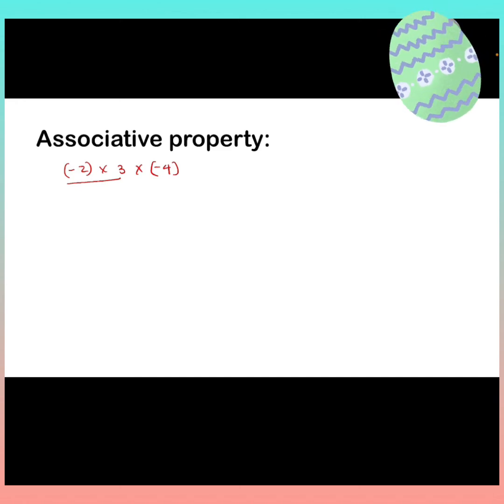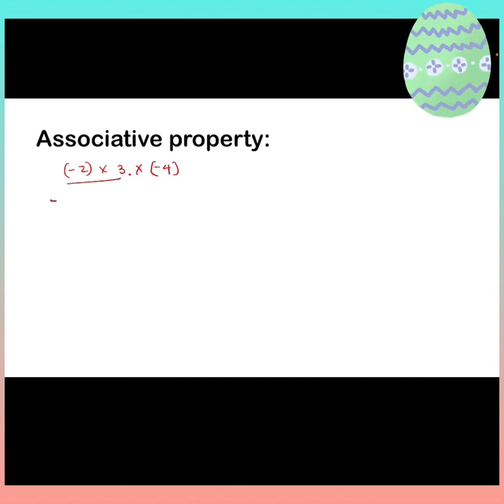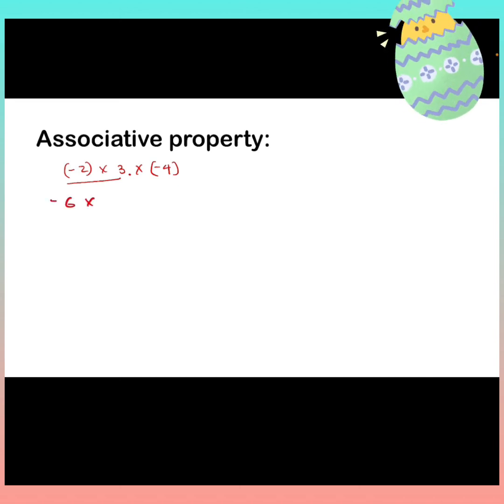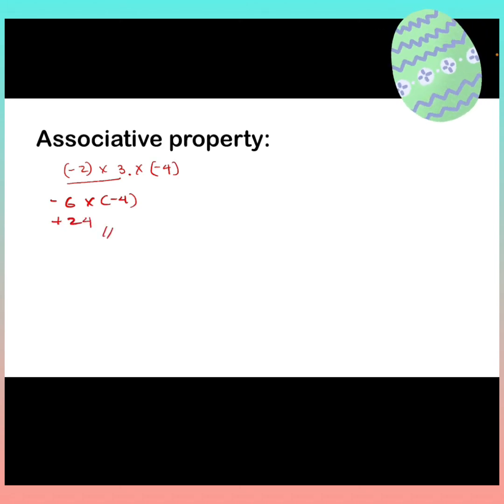I'm going to start from here. Negative 2 times 3: negative times positive gives negative, 3 times 2 is 6, so -6, times negative 4. Negative times negative is positive, 6 times 4 is 24. So you got positive 24.